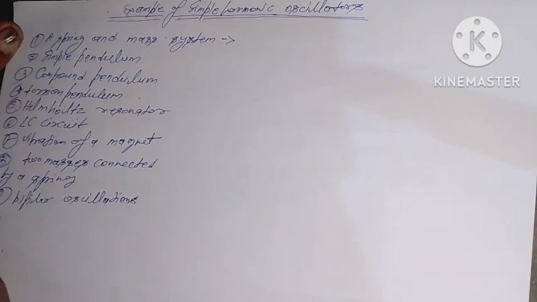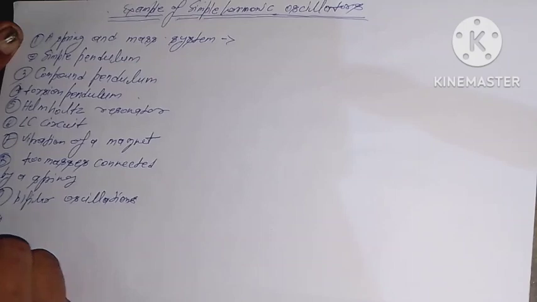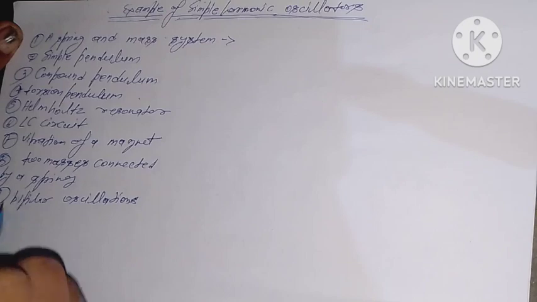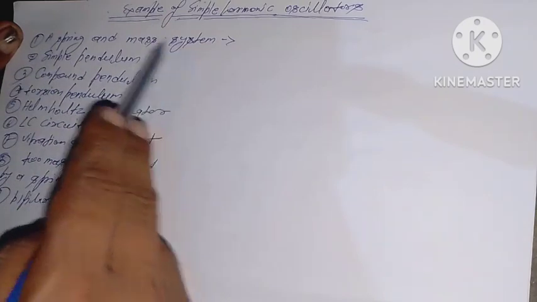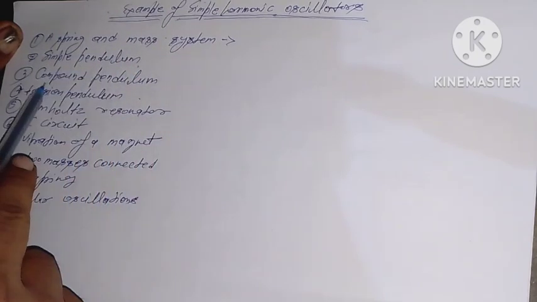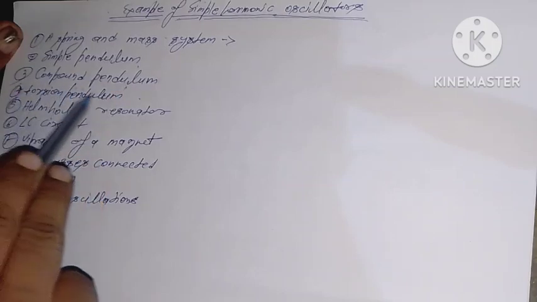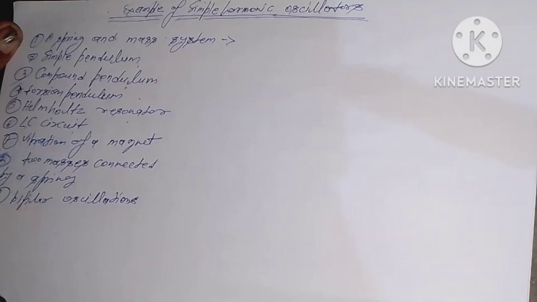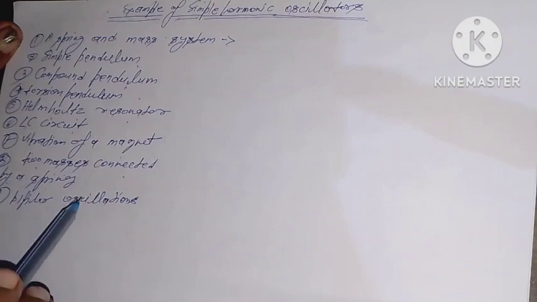These are some of the examples of simple harmonic motion: a spring and mass system, simple pendulum, compound pendulum, torsion pendulum, Helmholtz resonator, LC circuit, vibration of a magnet, two masses connected by a spring, and bifilar oscillations.